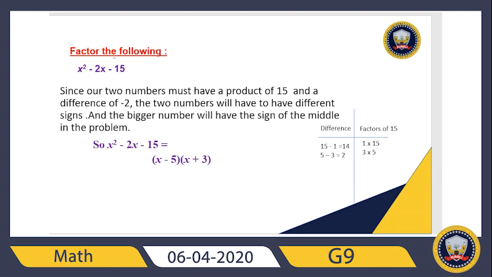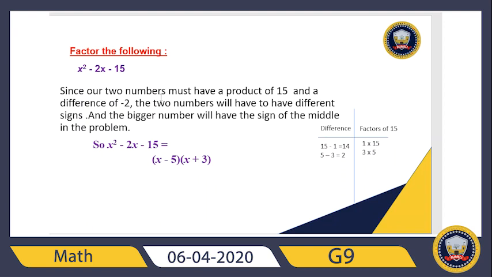Factor the following: x square minus 2x minus 15. First question I should ask myself: does this trinomial have a greatest common factor?